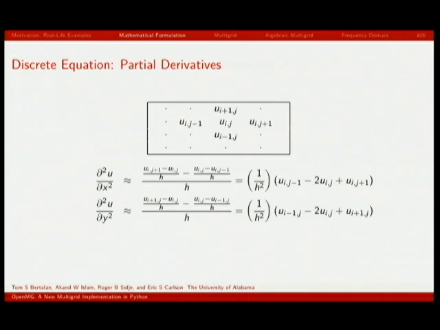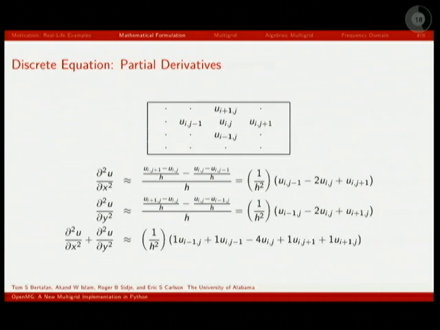You see we have a 1, -2, 1 pattern in both of those. When you sum these together, since the Laplacian is the sum of these second partial derivatives, you get a 1, 1, -4, 1, 1 coefficient pattern for the surrounding points: bottom, left, right, and top.